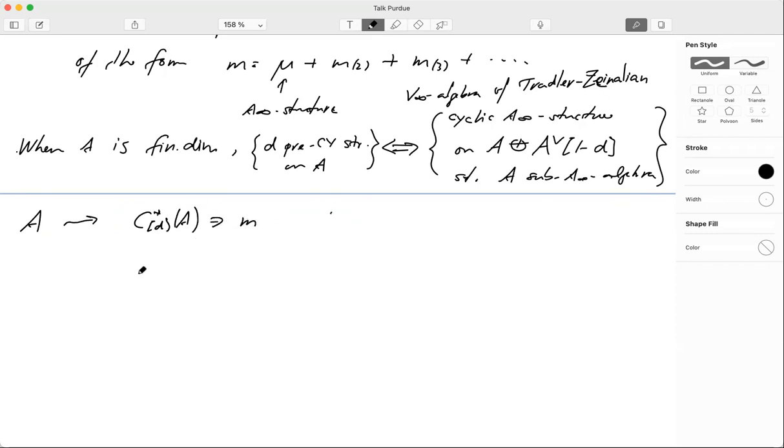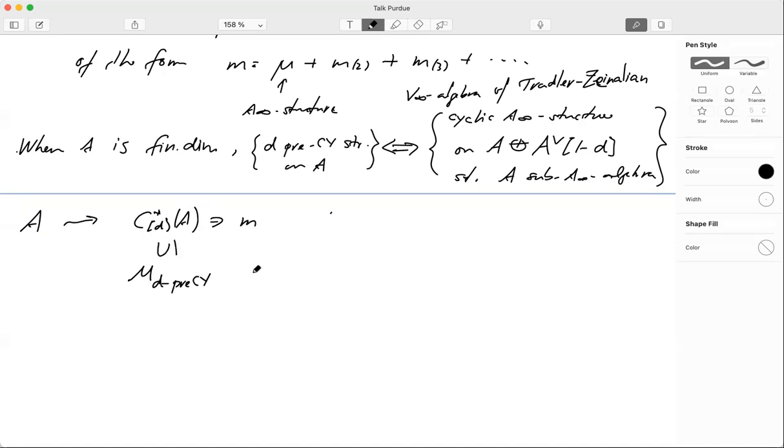And I'm going to call a subset of this my moduli space of pre-Calabi-Yau structures. So this sits inside of here.